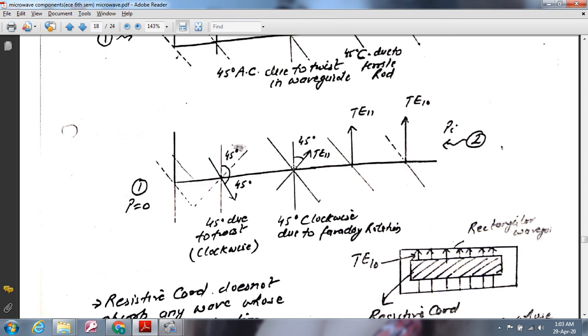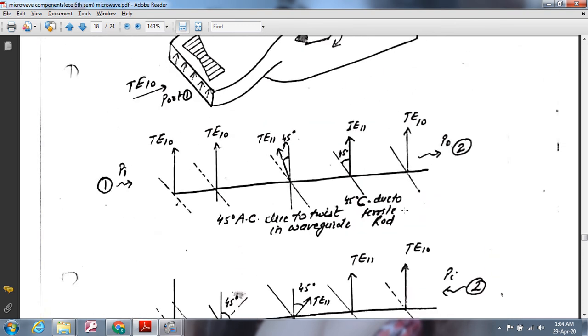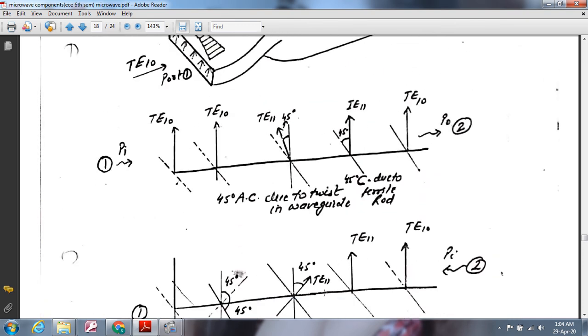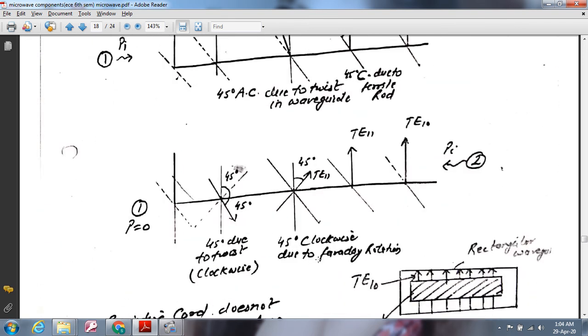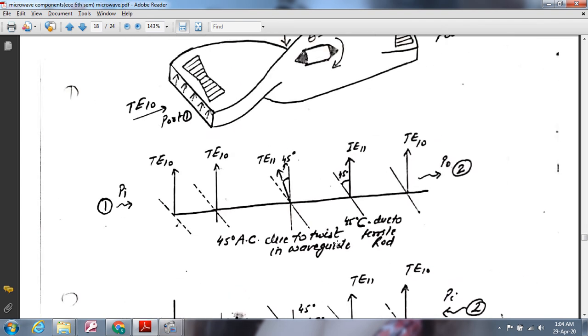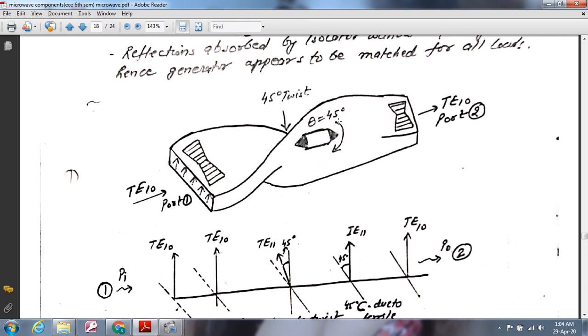Because this is a ferrite rod, irrespective of the direction of propagation, it will provide 45-degree clockwise rotation only, whether the incident is from 1 to 2 or from 2 to 1. So this wave is rotated 45 degrees clockwise by the ferrite device due to Faraday rotation. Now this wave is going to pass through the twist.